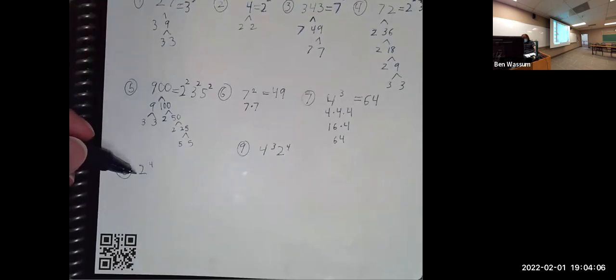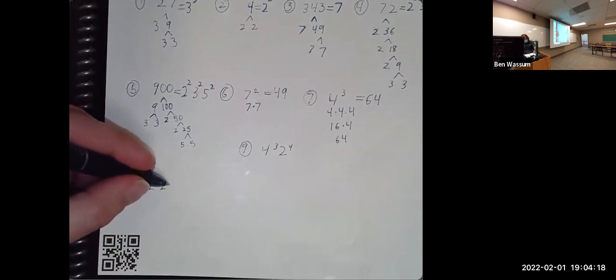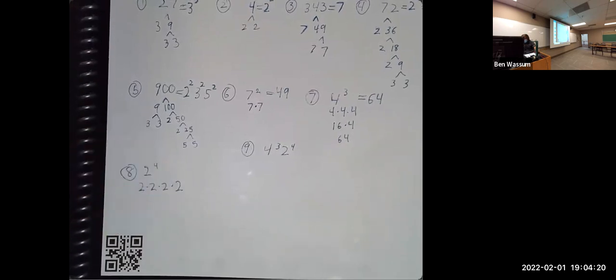Two to the 4th, or number 8. 2 to the 4th is a little weirder, right? It means you have 2 multiplied onto itself that many times. And if you're like me and you've done a ton of multiplying 2's into powers, if you can already tell what a few of them are, that's fine.